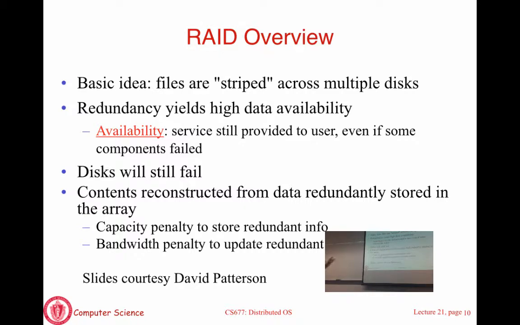Now, what happens if you stripe all the files and one disk fails? If you basically stripe all your files, 1/n of each file is gone because you're storing all blocks of the file on all the disks. So if this disk is gone, some blocks of every file have disappeared.